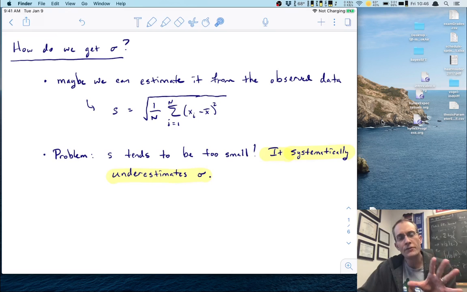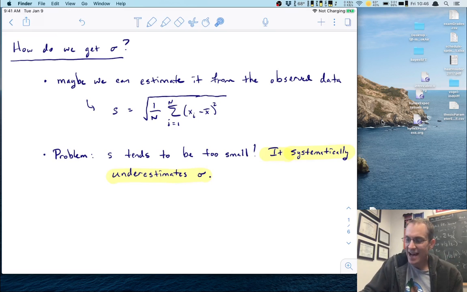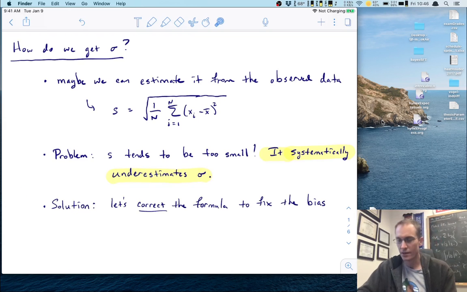But the problem with doing that is that S tends to be too small. What I mean by that is that when you compute this number right here, this thing that we have been doing all semester as the standard deviation of a set of points, that computation systematically underestimates the true value of sigma. It's called a biased estimator.